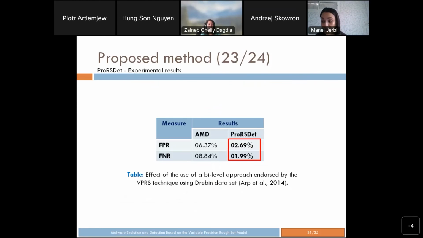The false positive and false negative rates, when compared to the state-of-the-art methods, will give us an idea about the effect of the use of the bi-level optimization architecture endorsed by the variable precision rough set technique.